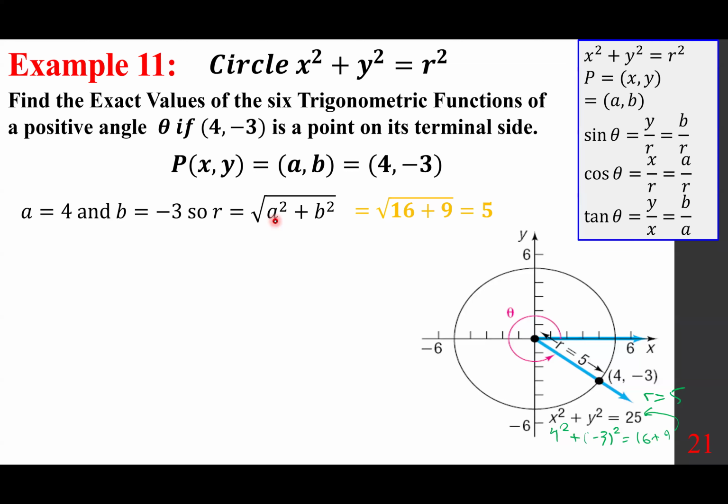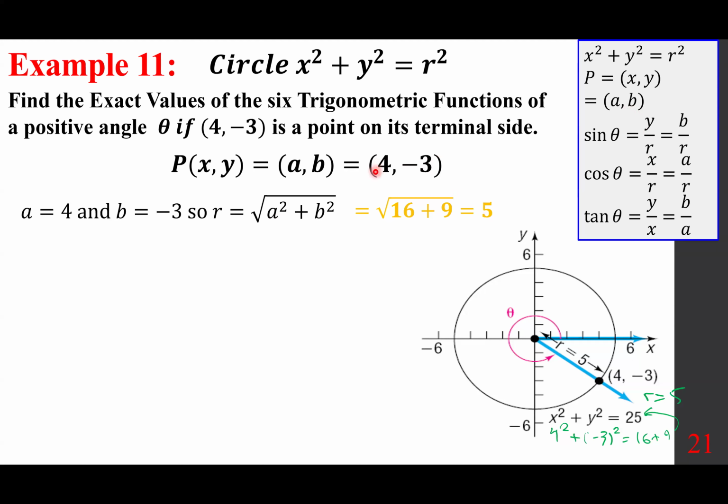So when the radius is no longer 1, you have to figure out the r as well. Remember, when you're dealing with the unit circle, you know r is 1. So it's not 1 here. Okay, big deal. So if you want sine, it is the y coordinate over r. So negative 3 over 5.